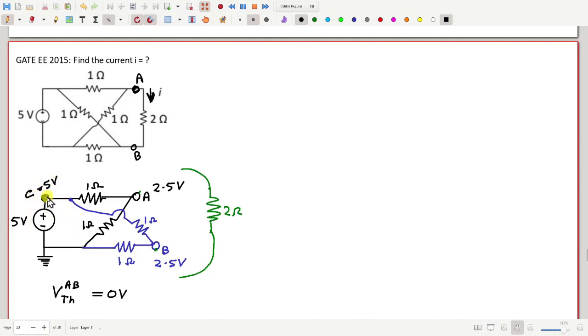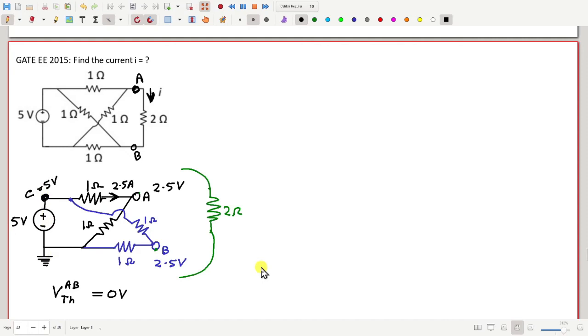Then from C, go through this black path. We have two 1 ohm resistances in series, and then it is connected to ground. So how much is this current here? This is 5 by 2, 2.5 ampere. So basically A is just halfway between the 5 volt and 0 volt. So that's why 2.5 volt.